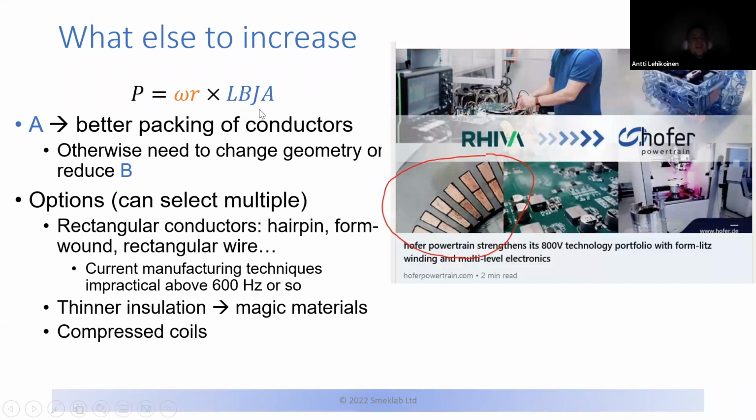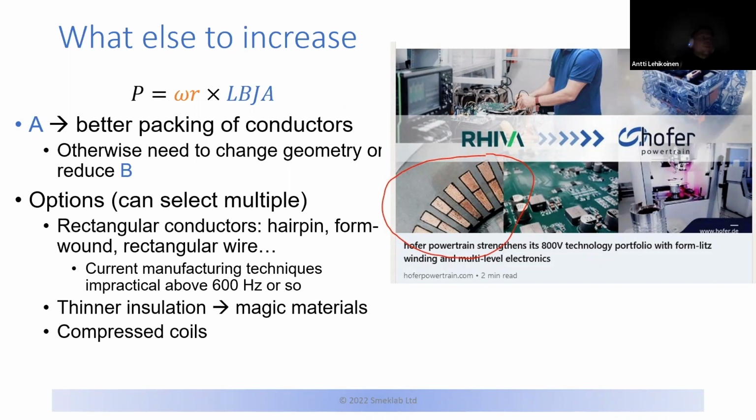So what else to increase? Well, you can increase the area of the conductive material, but you have to remember that the conductors have to fit somewhere. They have to fit inside the slotting of the machine. You can't really make the slots any wider because then you would be cutting the teeth of the machine thinner, meaning you would have to cut the flux density to be able to fit that inside the iron in the teeth.